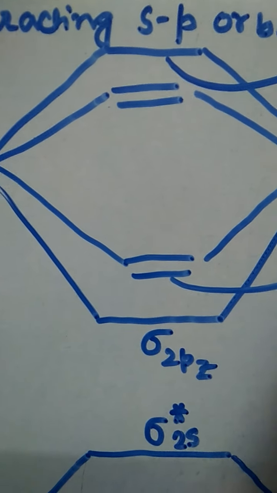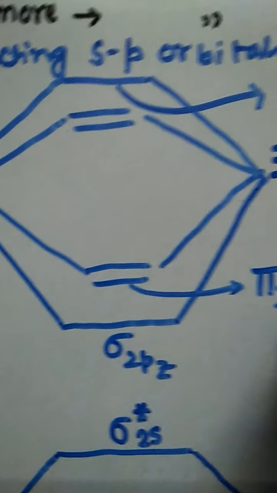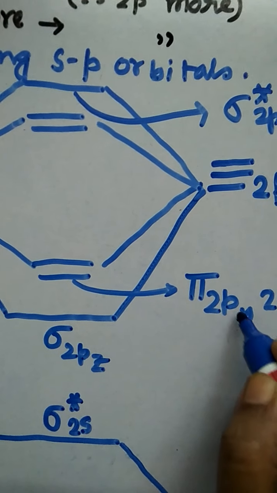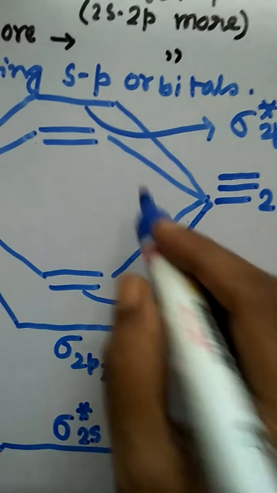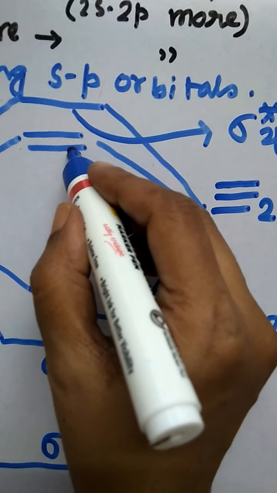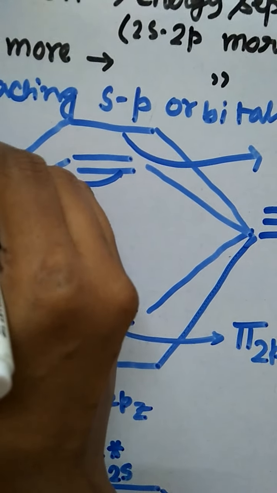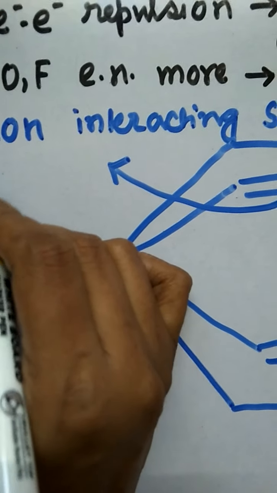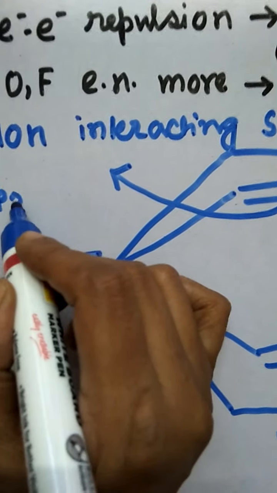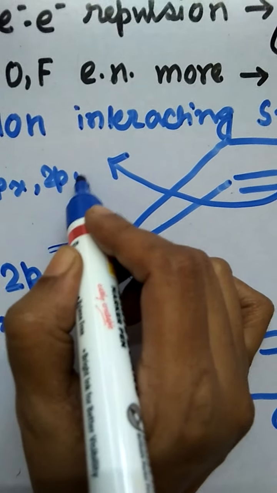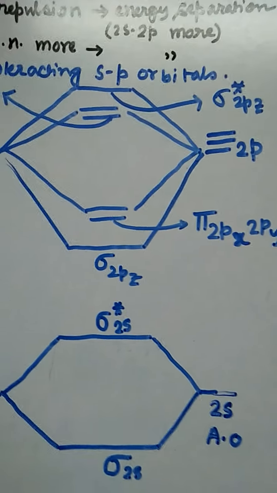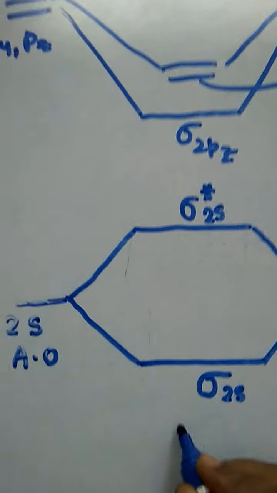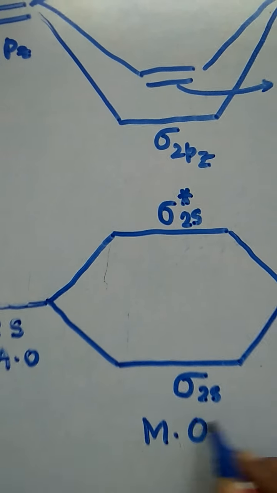So these two are pi 2px and pi 2py, and these two are pi star 2px, 2py. So these are the molecular orbitals of oxygen or fluorine.